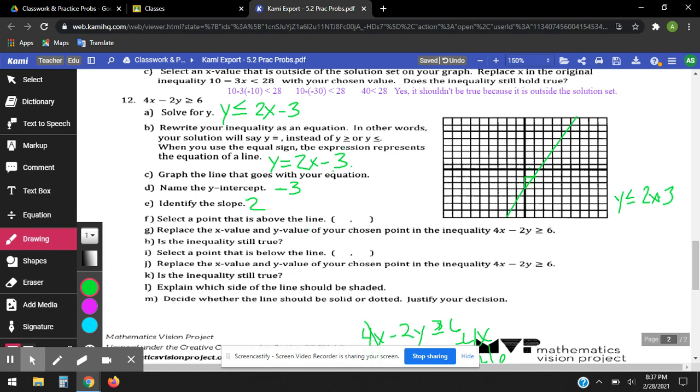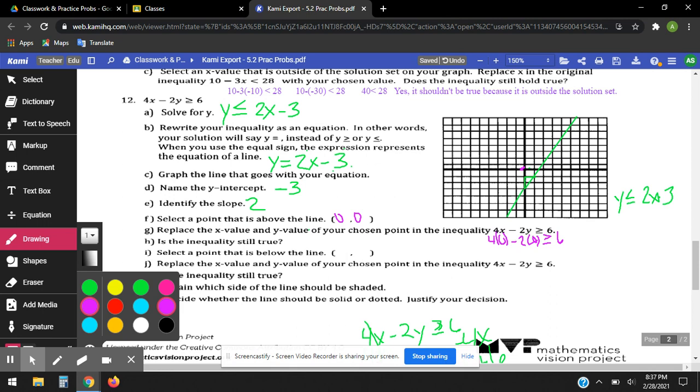Select a point that is above the line. Let's do 0, 0. We like that one, right? Replace the x and y value and see if it still works. So 4 times 0 minus 2 times 0, is that greater than or equal to 6? No, that is not true.